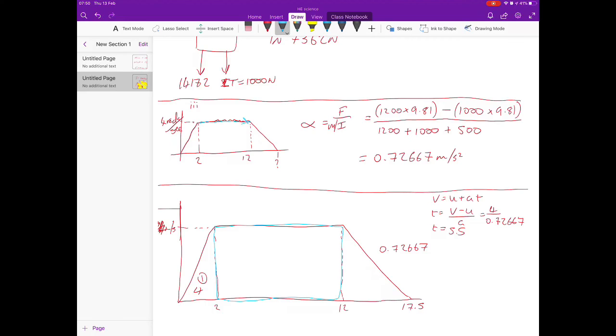This is going to be equal to 4 meters per second multiplied by 10, so 40 meters. And then this last section is going to be equal to 5.5 times 4 times a half, because it's a triangle, and that's equal to 11 meters. Now if we add all these up, total distance S equals 55 meters.